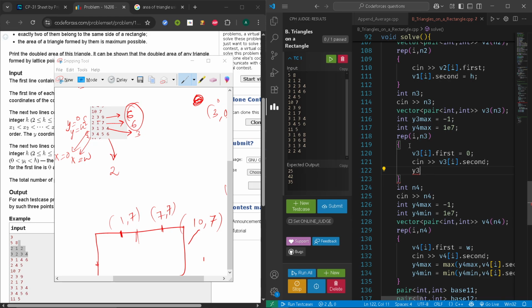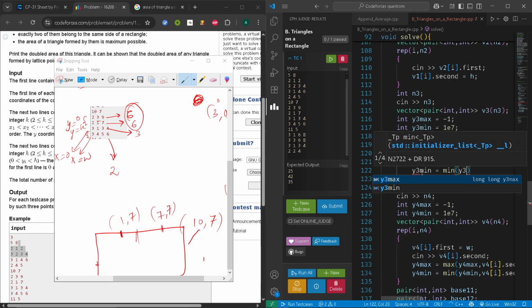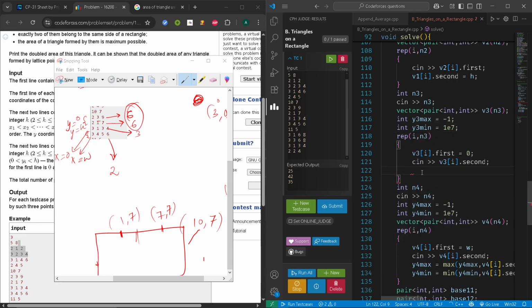I feel y3 min. And what I need to take is y3 minimum is equal to minimum of y3 min. It will be a lengthy code.